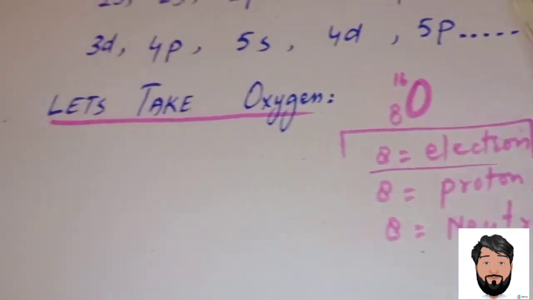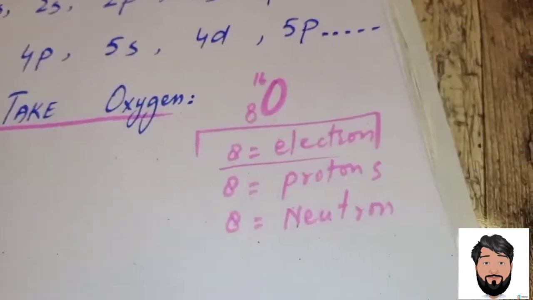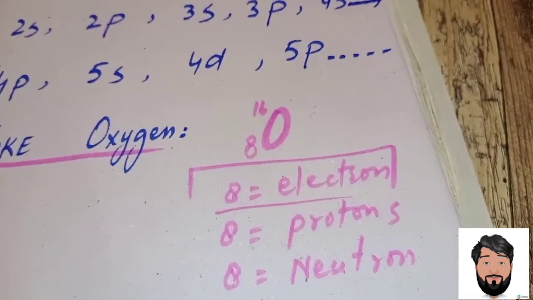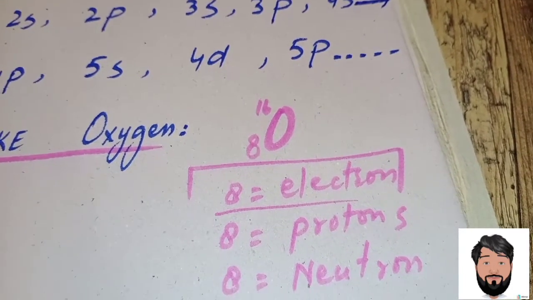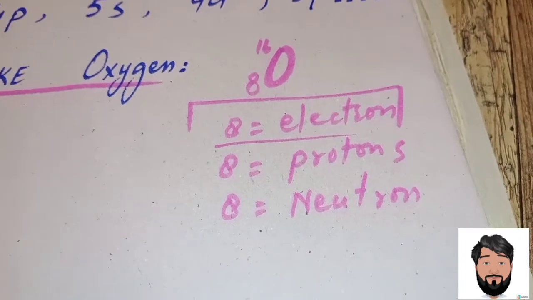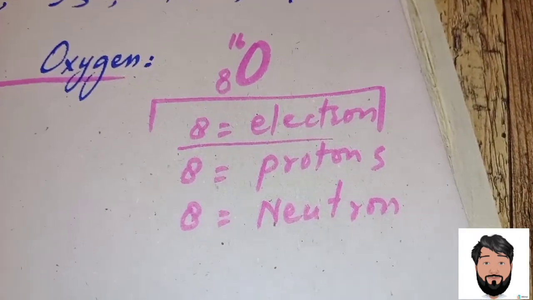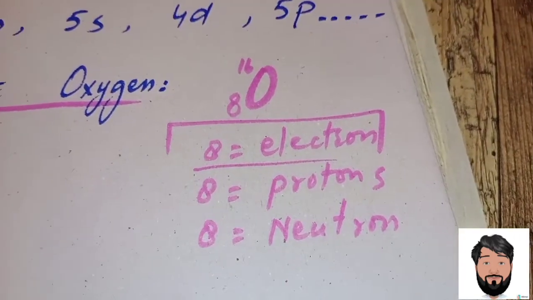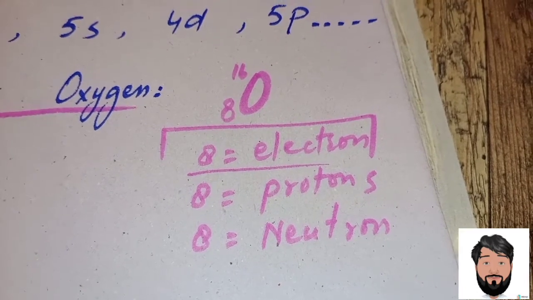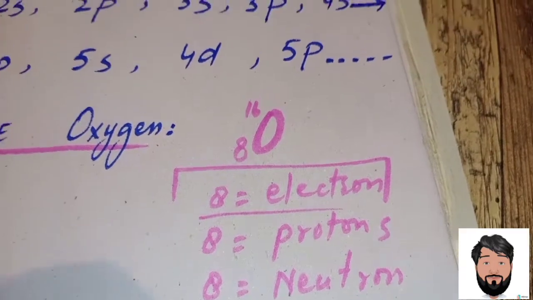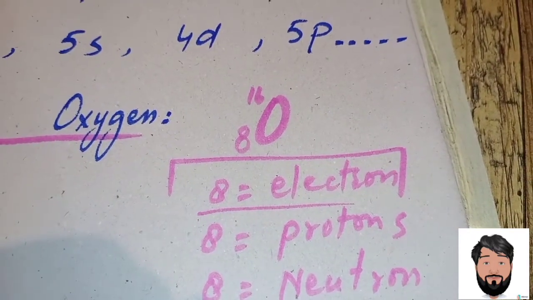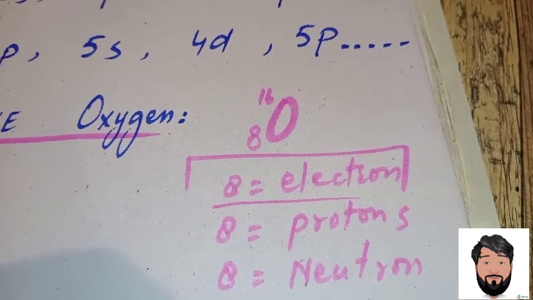Here we take an example, oxygen. Oxygen has an atomic number of 8 and an atomic mass of 16. Atomic number 8 tells us that it will contain 8 protons, and if an element contains 8 protons and is neutral, then it will also contain the same number of electrons to neutralize itself.